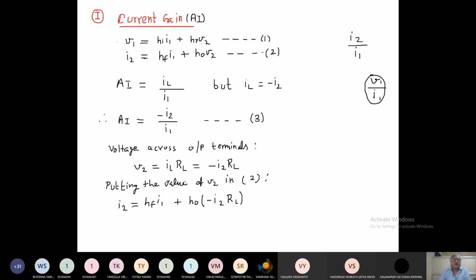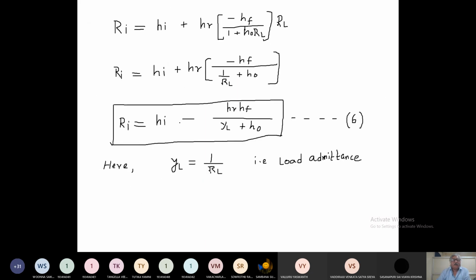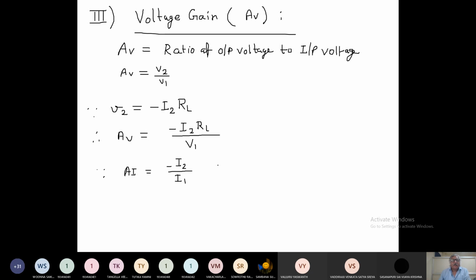Current gain AI is IL by I1, whereas IL is equal to minus I2. That's why in expression 3, AI is equal to minus I2 by I1. So we will take this expression, which we got from equation number 3, right?